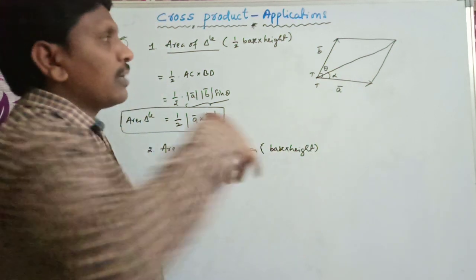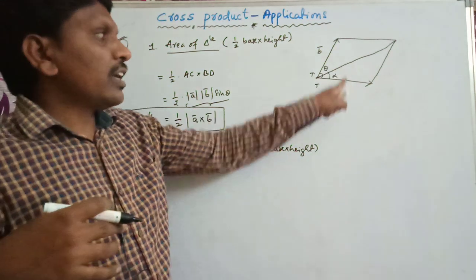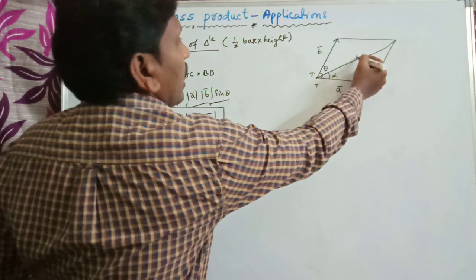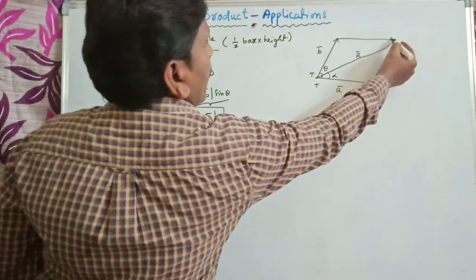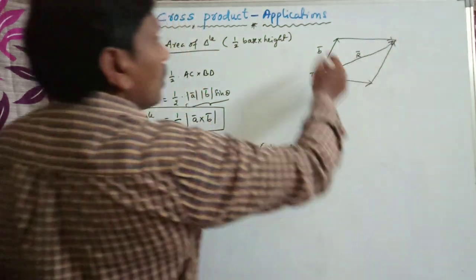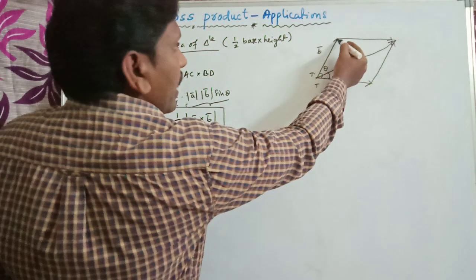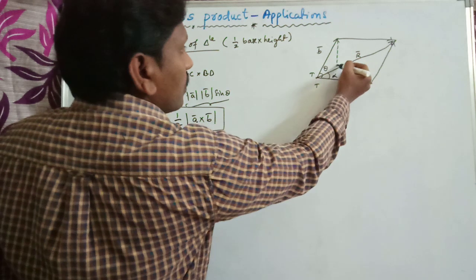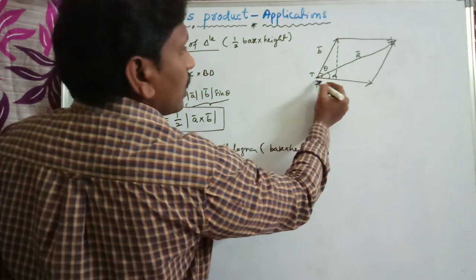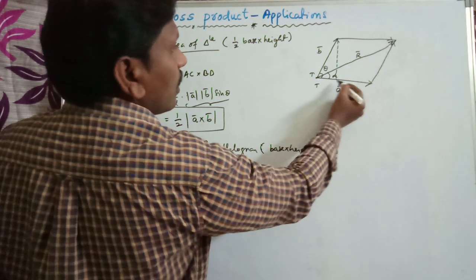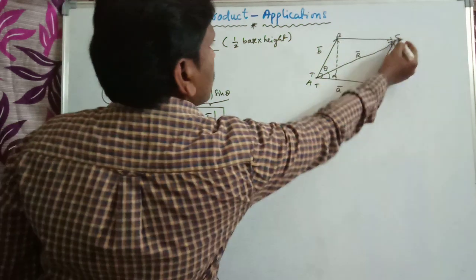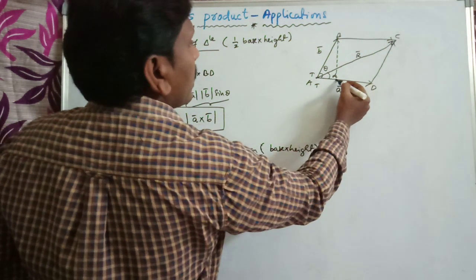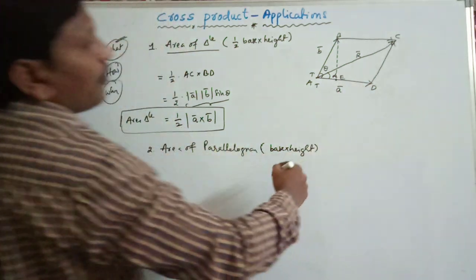This alpha is nothing but the angle between the resultant vector and the initial vectors, and this is R bar, the resultant vector. Direction is always like this. Okay, if you make a normal line to the A bar vector, let us consider this A, B, C, D, and the intersecting point is E.